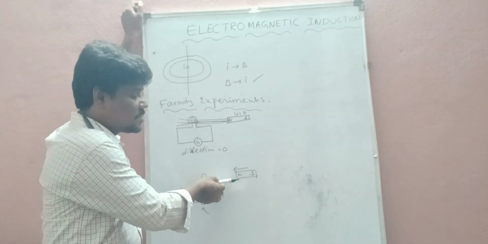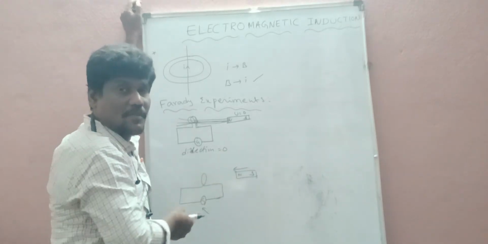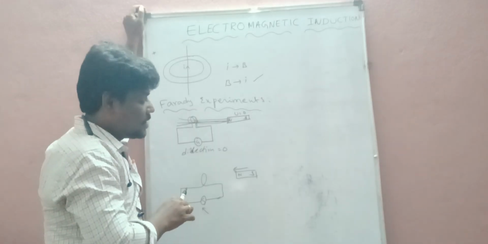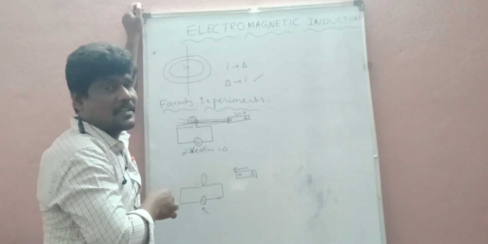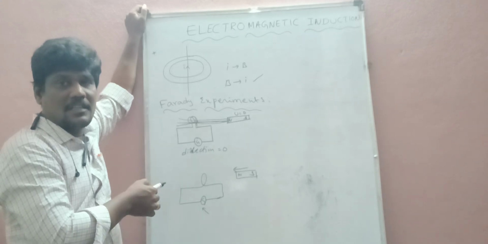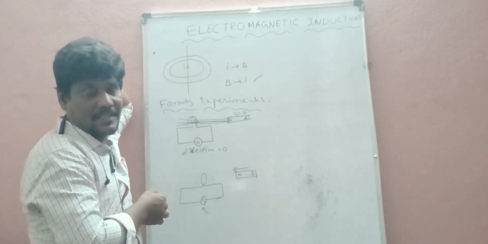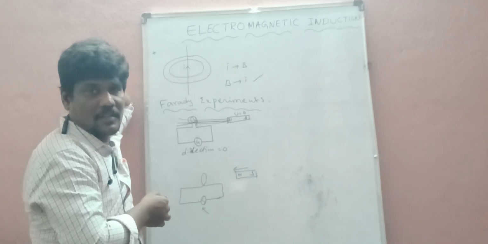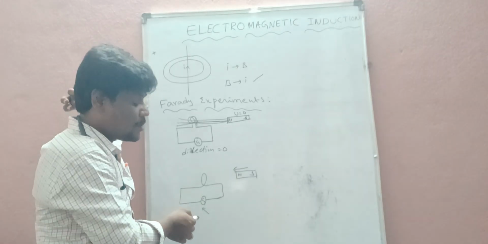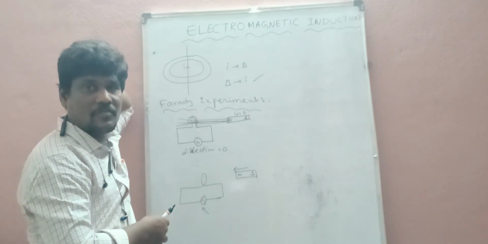Similarly, if the magnet is moving away from the coil, then the flux linked with the coil decreases. Due to that, the current in the coil also decreases, and the galvanometer shows the deflection in the opposite direction.